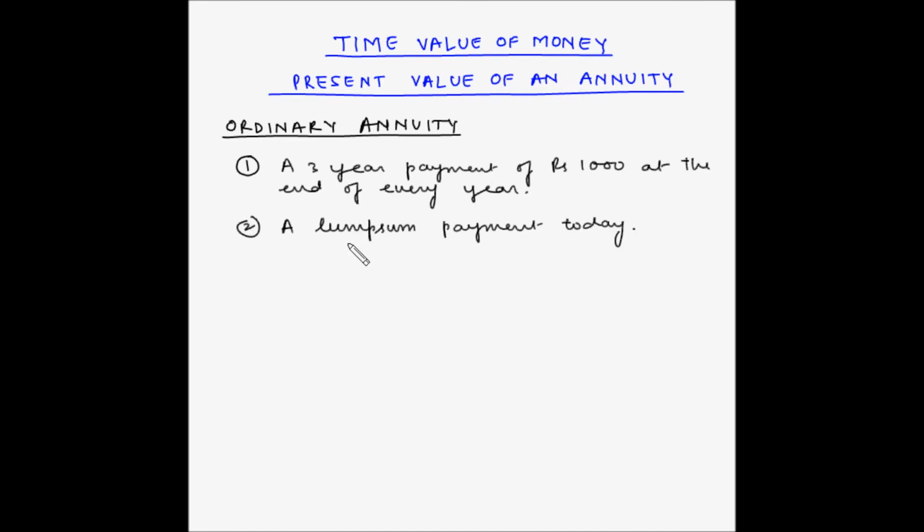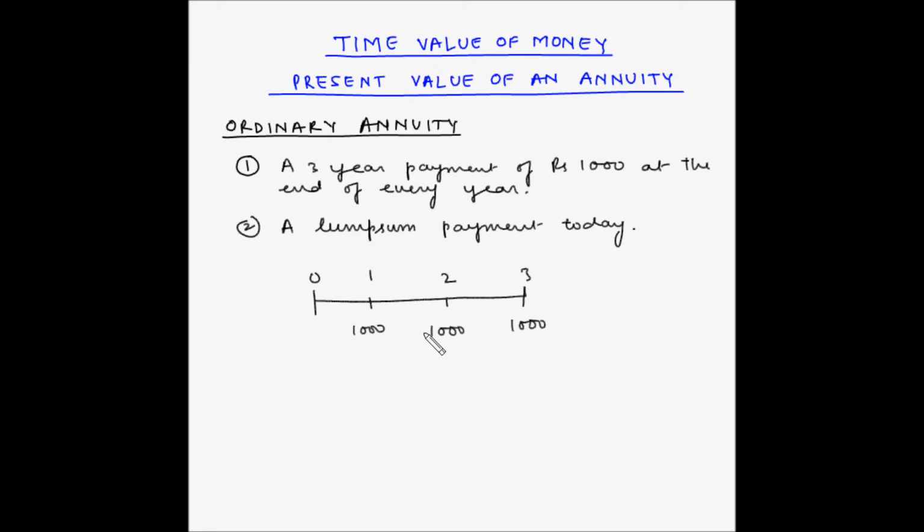So let us look at these options on the time scale. So let's say this is 0, 1, 2, 3. So in the first option, they'll pay 1000 rupees at the end of each of the 3 years.